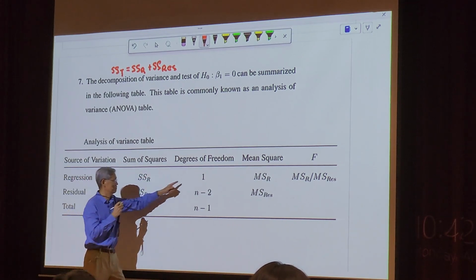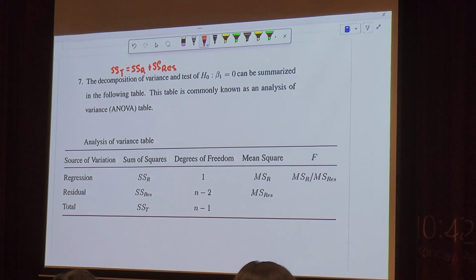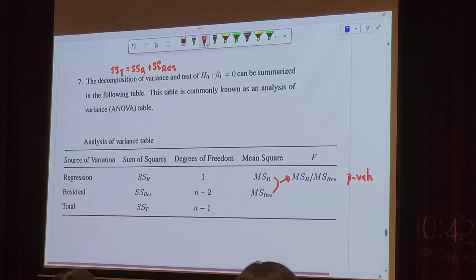For the testing of this it is 1. All this can be derived using linear model theory. And then you divide this by this to get the F, and in R, they will also give you the p-value for testing.